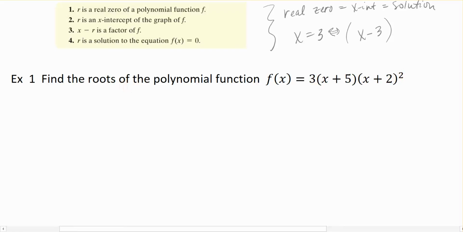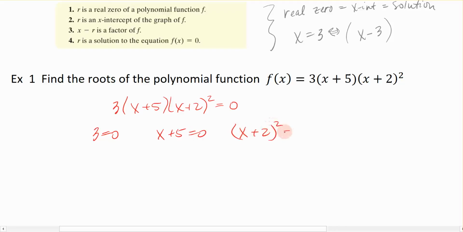So I'm going to rewrite that down here. This looks like 3 times (x plus 5) times (x plus 2) squared equals 0. Well, anytime I have a function that's factored equal to 0, I can apply the zero product rule that says each of these factors can now be set equal to 0, and solve each of the factors individually.